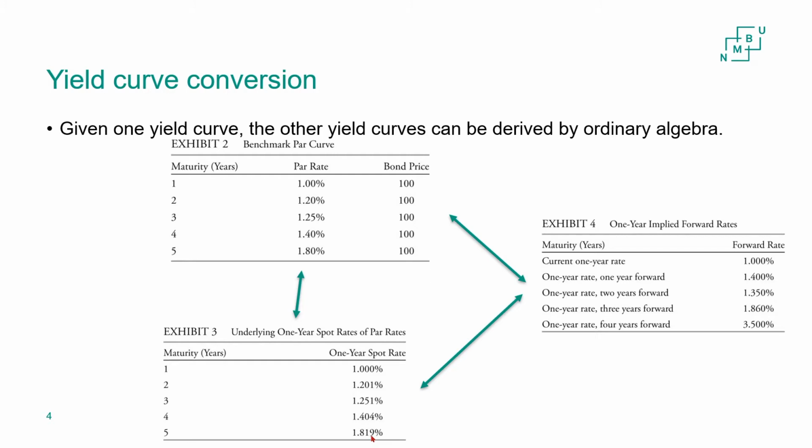Okay? And you can also use the forward rates to find the present value of a cash flow. That's no problem. You just have to geometrically combine them, like that would be 1 plus this discount rate times 1 plus this discount rate would give you the discount factor for a cash flow occurring in 2 years.